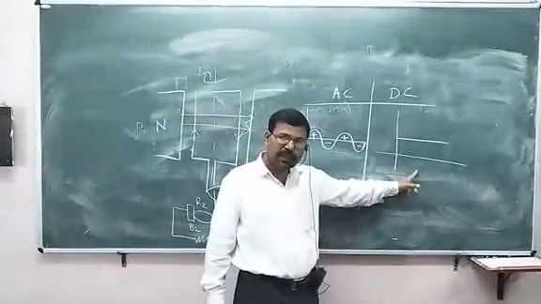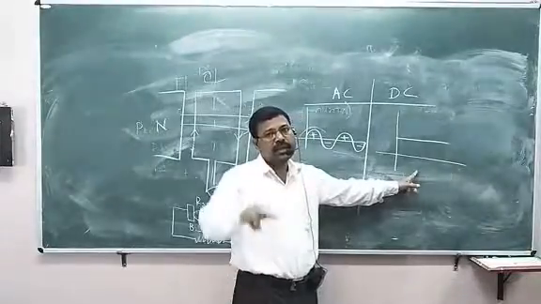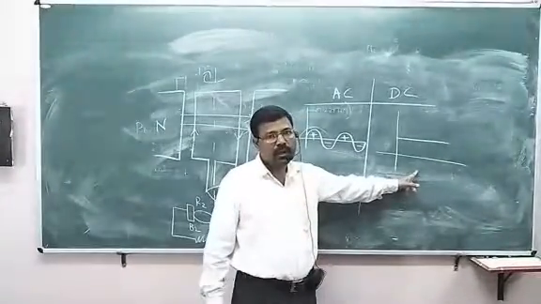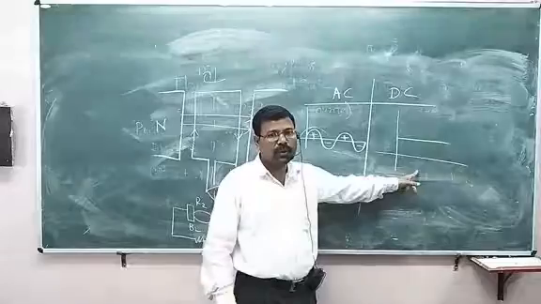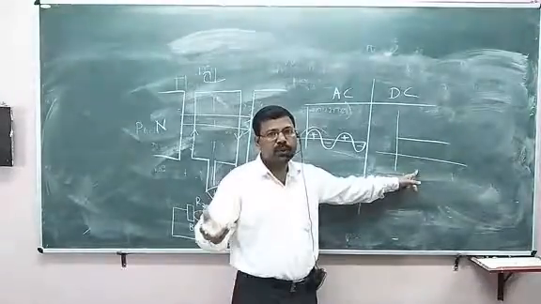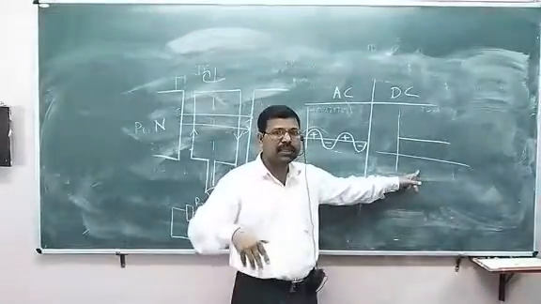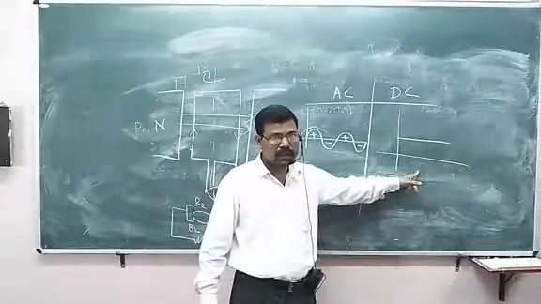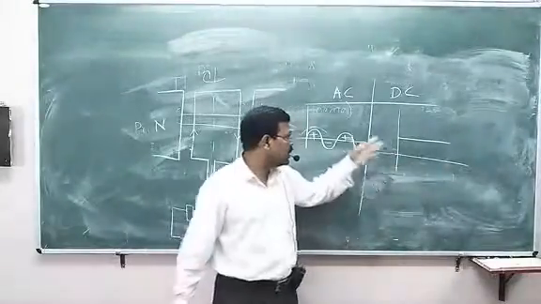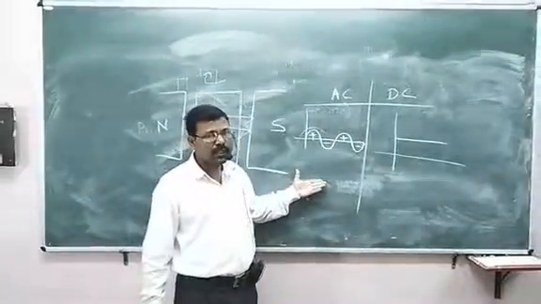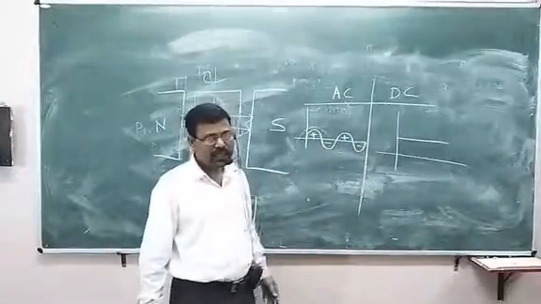Distribution is difficult, and it is not possible to step up or step down. Converting high DC to low DC to high DC is not possible. So these are the advantages of AC over DC.